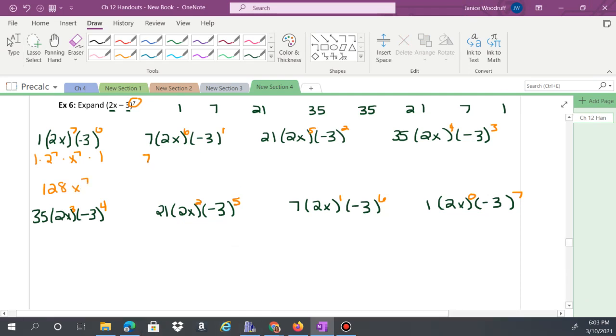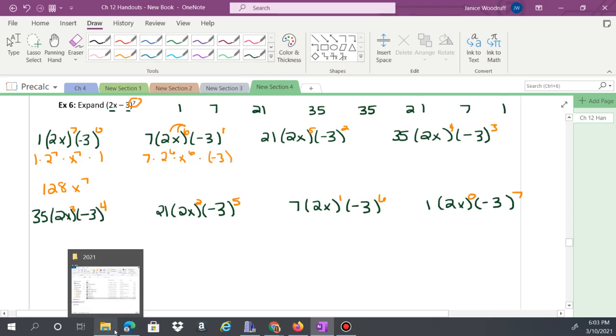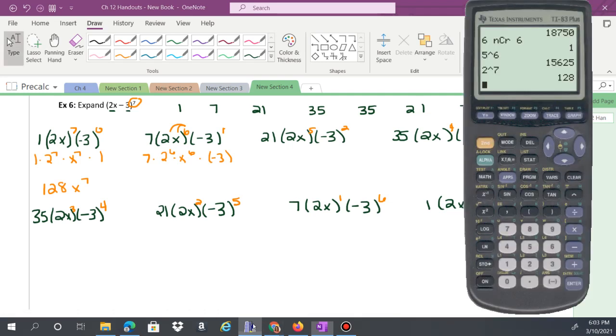Then this is 7 times 2 to the 6th, x to the 6th, times negative 3 to the first. So you can go through and do 2 to the 6th, or you could just go 7 times 2 to the 6th times negative 3. So negative 1,344.